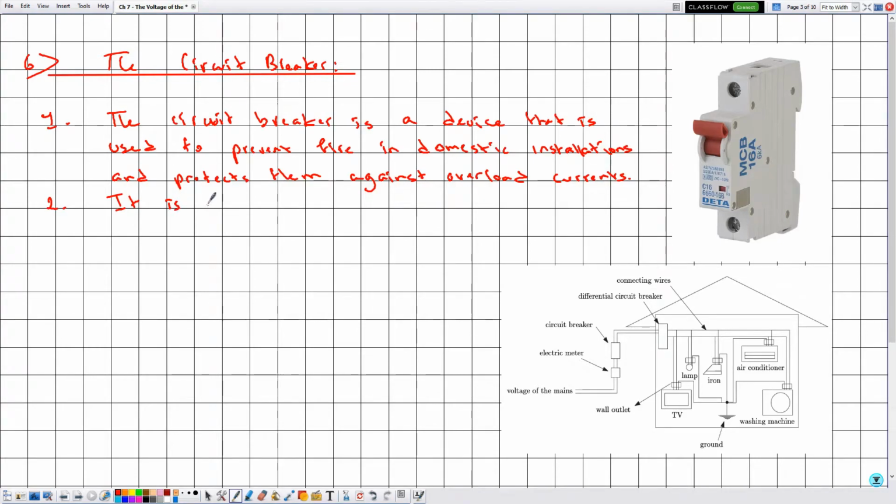It is usually installed across the wires leaving the electric meter and entering our house.